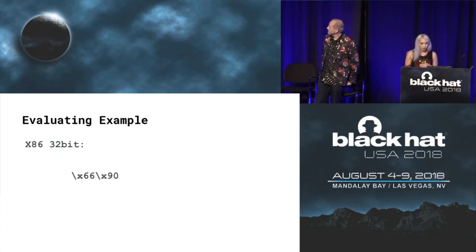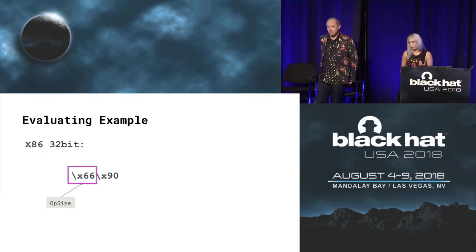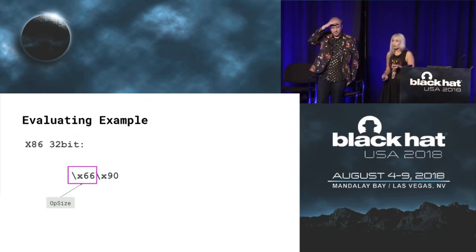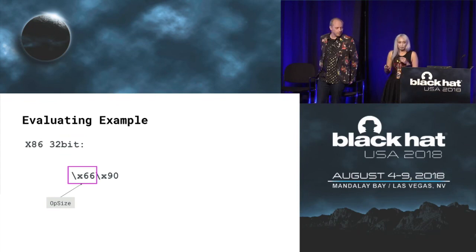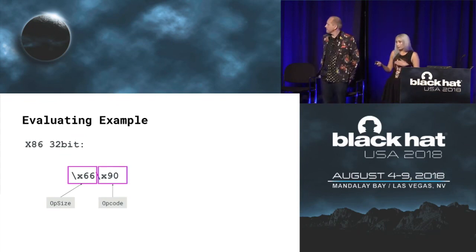So here's an example of evaluating some of the assembly. We have an x86 32-bit instruction here, where hex 66 is the op size, which tells it whether to go lower or smaller or bigger. And then the opcode, right? So generally 90 means NOP.